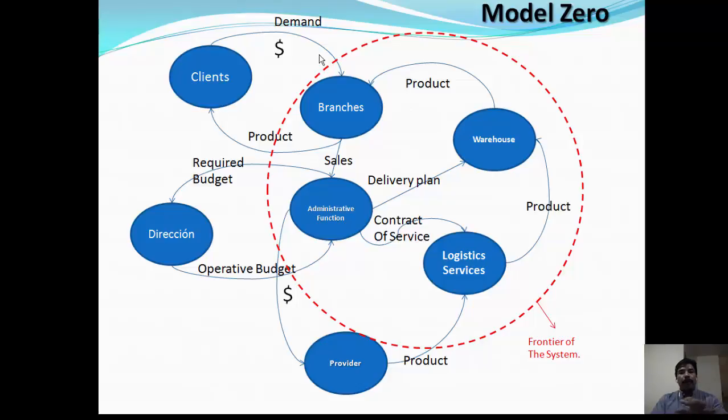This was Model 0. But if we want to go to Model 1, we need to transform this model into variables. Some of the variables we can already see.